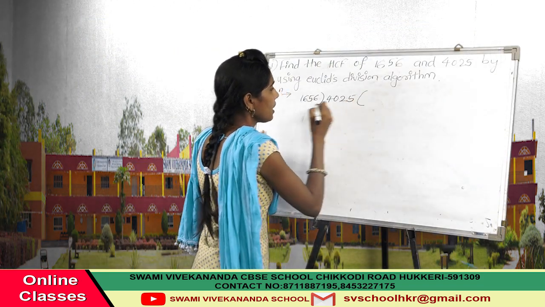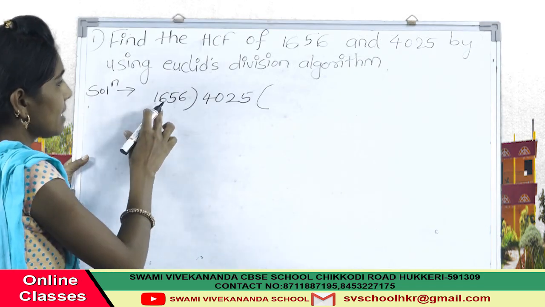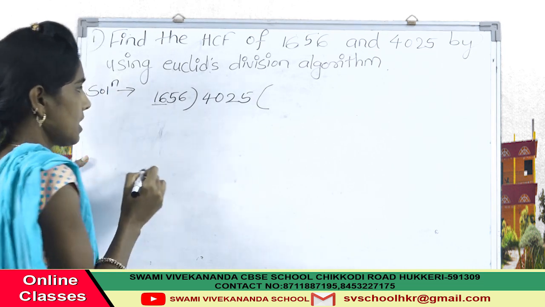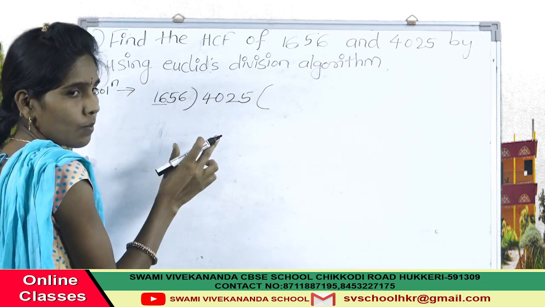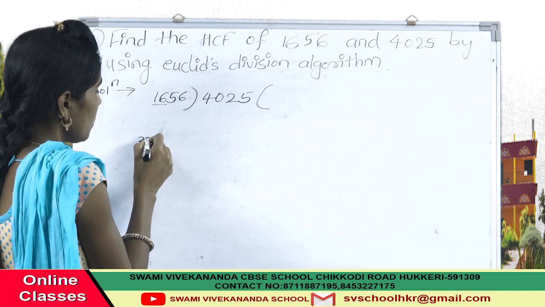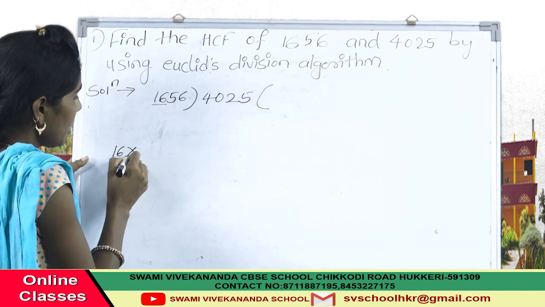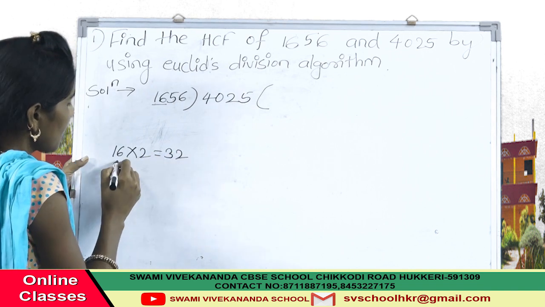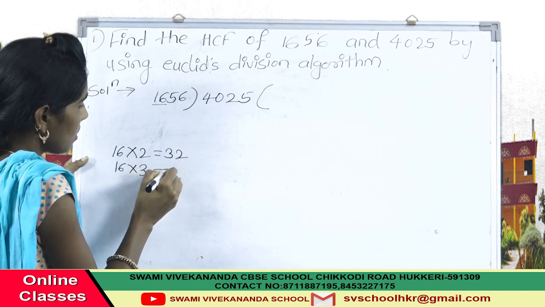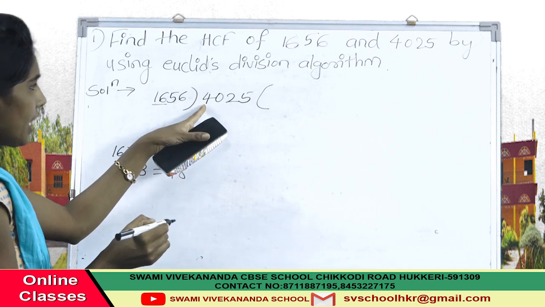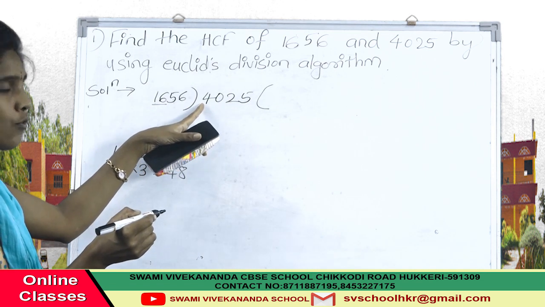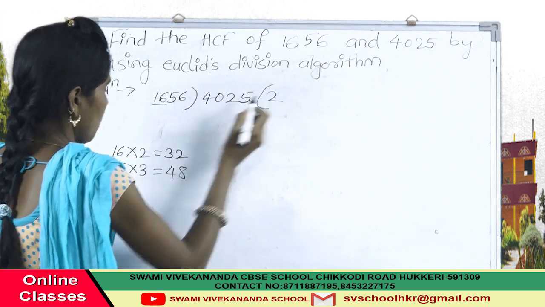See, we have to divide here. First take this 16. 16 into 2 is 32. 16 into 3 is 48. 48 is greater than this 40, so I will take 2.